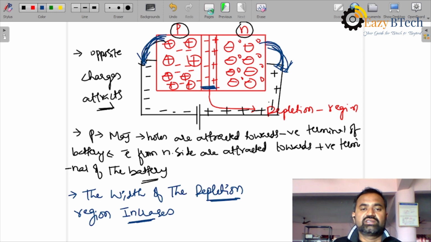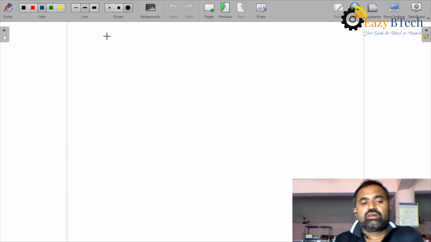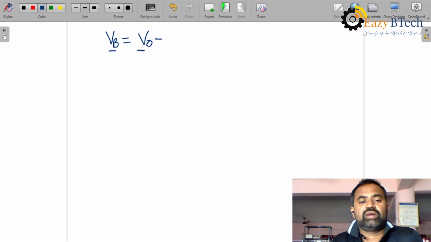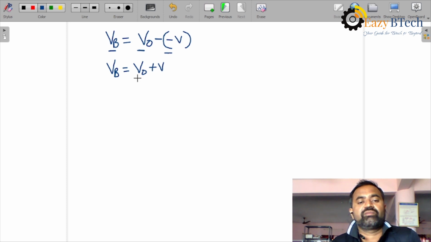We will see this. The barrier voltage VB is equal to V0, the built-in potential, minus the applied voltage. This is a reverse voltage. So the barrier voltage VB is equal to V0 plus the reverse voltage.